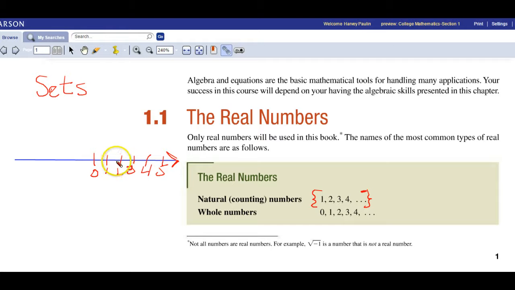And to actually graph them, I put a little dot on the values here. And this arrow indicates the ellipsis that it's continuing. So, natural numbers, one of our first sets of real numbers, 1, 2, 3, 4, and then an ellipsis indicating the pattern continues.